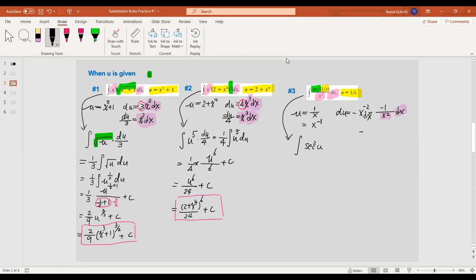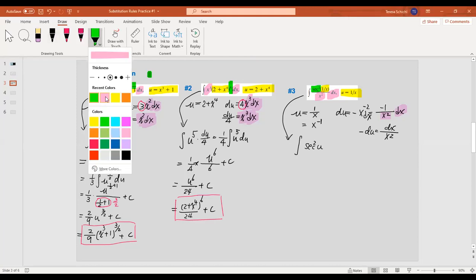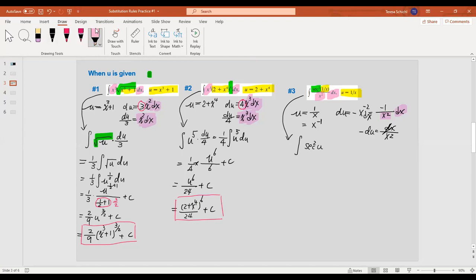So I can say that negative du is equal to dx over x squared, correct? So now after that, I can put this in, and this will be secant squared u du here. Okay, so now in here, if you take a look, it will be negative du, correct? So I put the negative sign here. Now I will have a du.